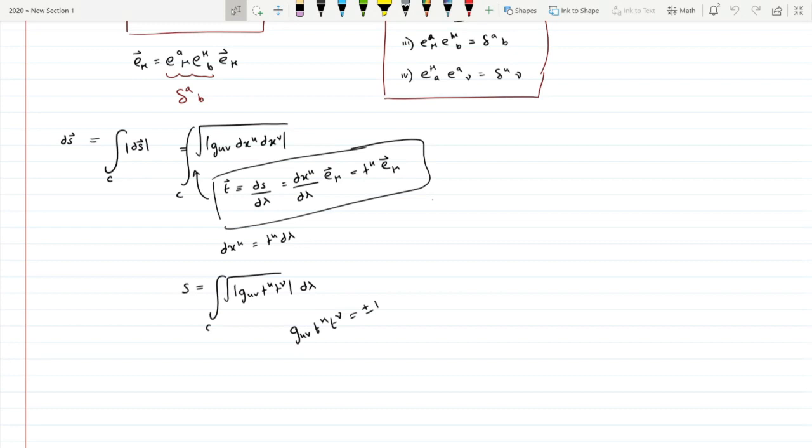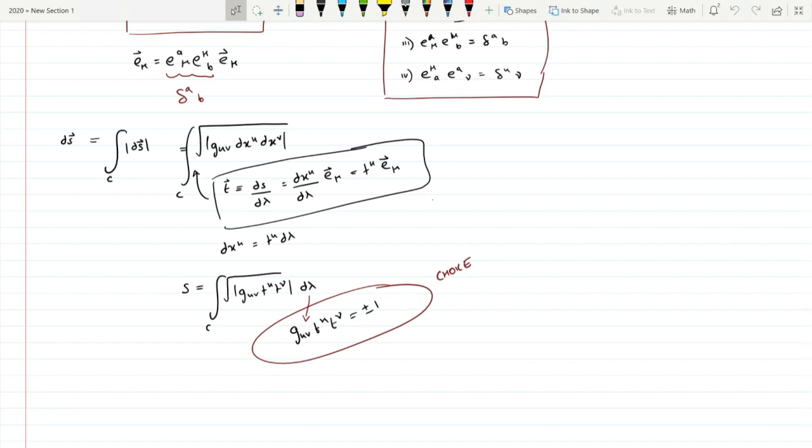It's always possible to choose our parameter in this way. So remember, this is a choice. We choose our lambda in such a way that this statement is true. The plus or minus depends on whether it's space-like or time-like, like we just discussed.